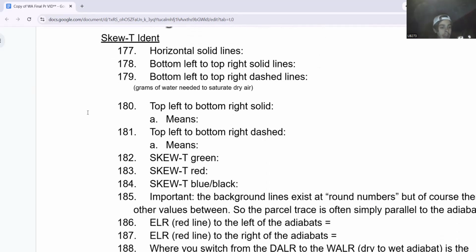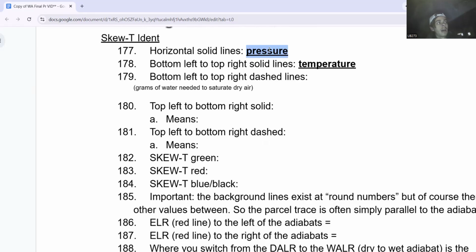Skew-T identification. When you're looking at the Skew-T log P, the horizontal solid lines are pressure. From the bottom left to the top right, solid lines, that is your temperature. Pressure increases logarithmically.